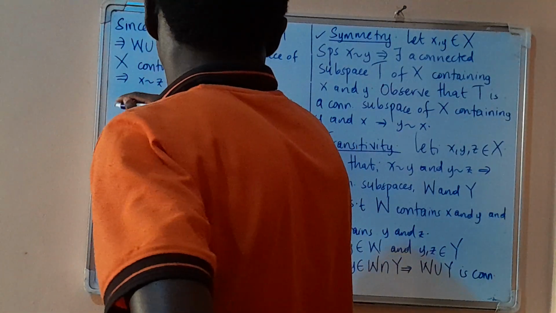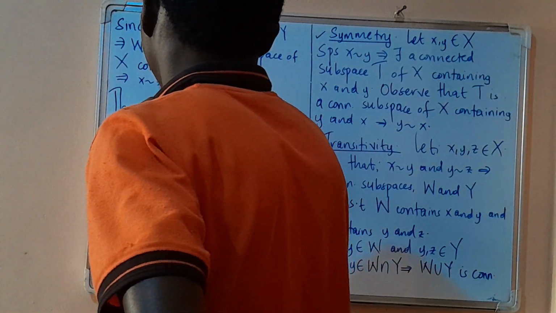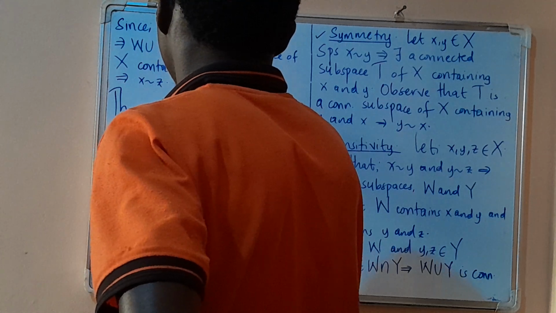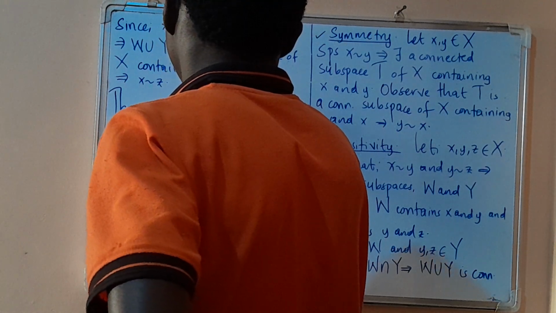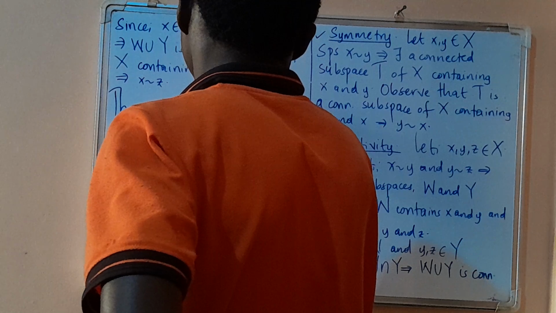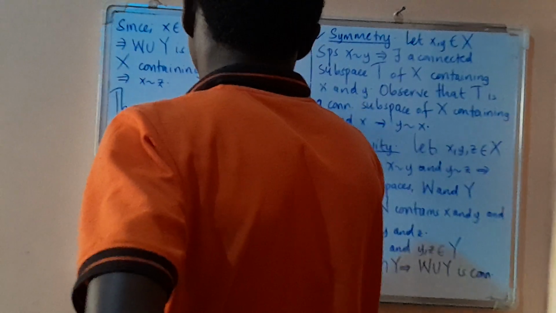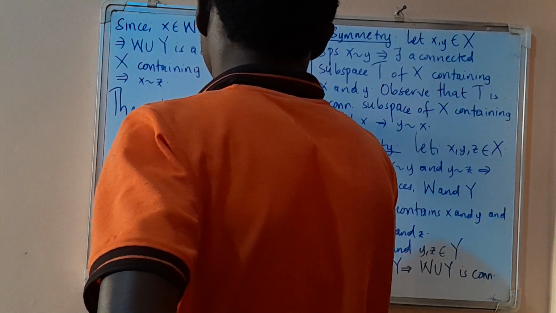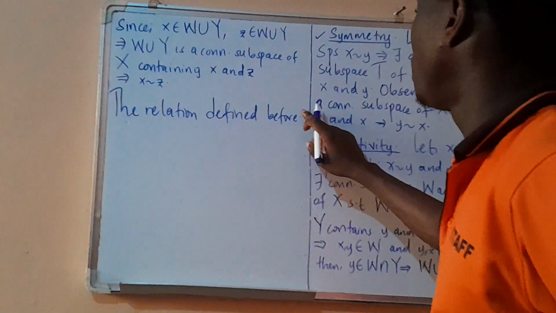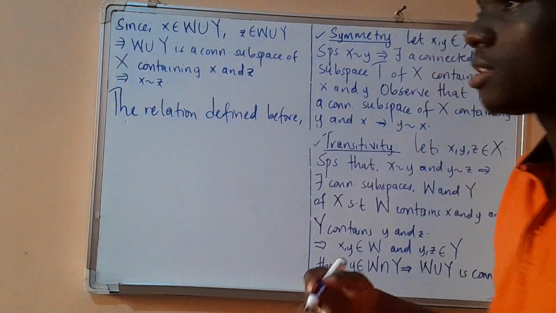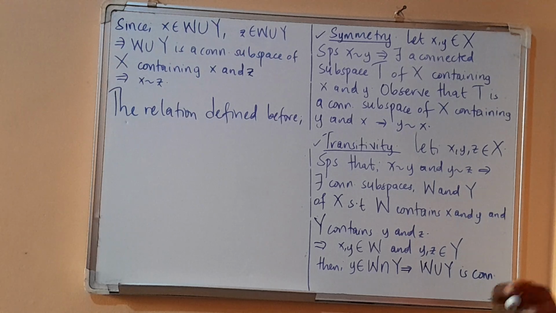Now the relation defined before, how did we define that relation? We say that x is related to y if there exists a connected subspace of X containing x and y.